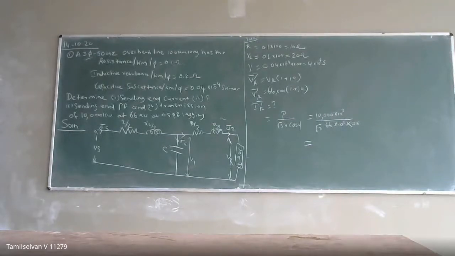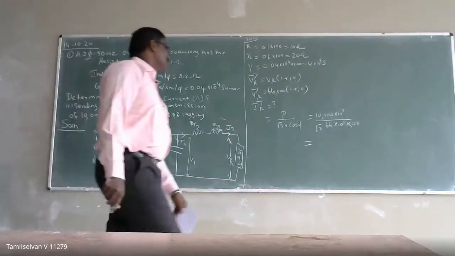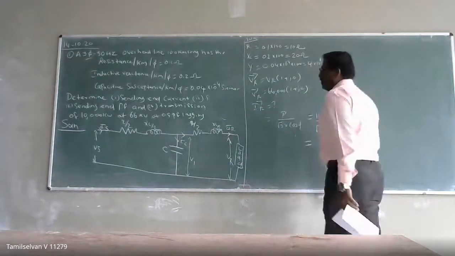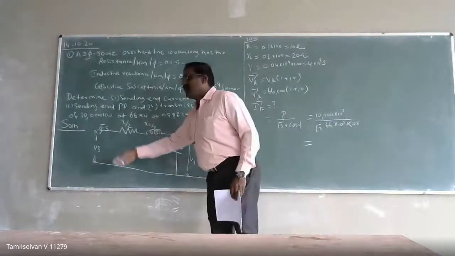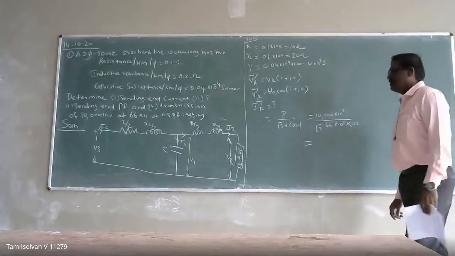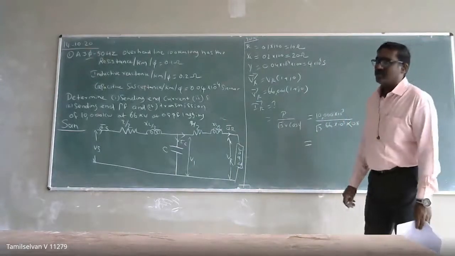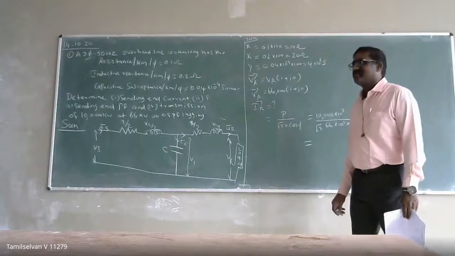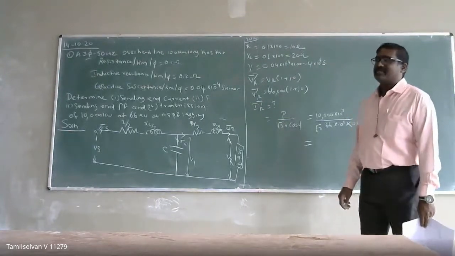Hey, check the answer. The current won't be 1 point something. Someone has posted 0.109. How? The load itself is 10,000 kilowatt. Load current will not be in terms of 1 ampere or 2 ampere. I don't know who has posted the answer. Abhirami, check your answer.